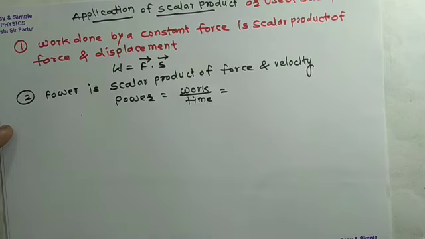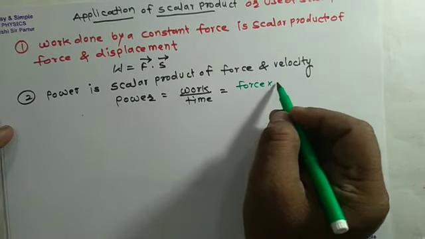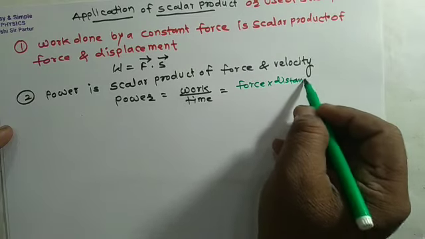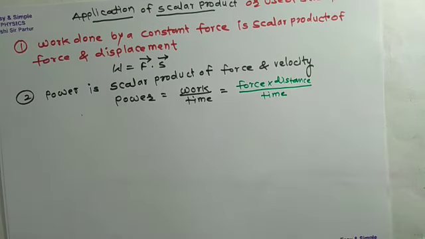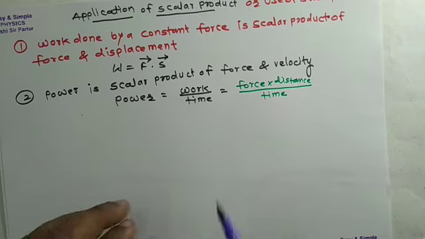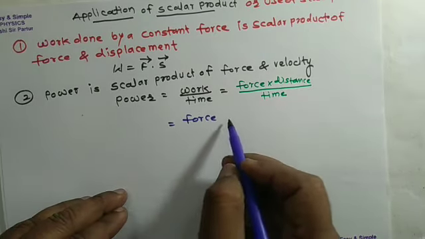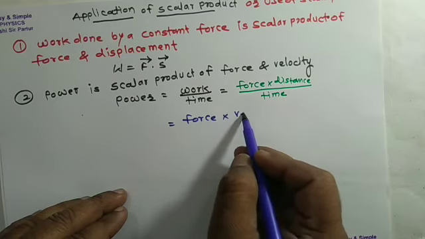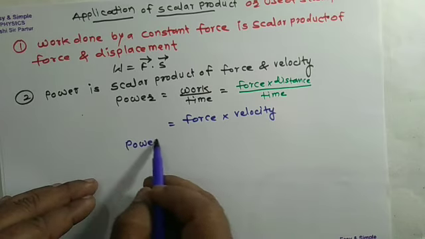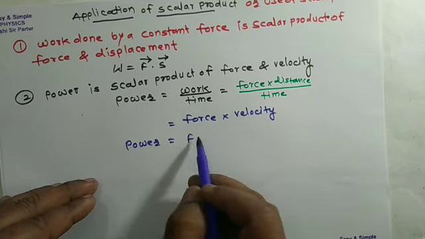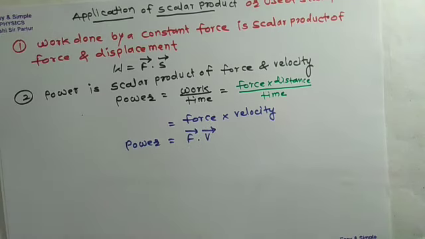So work will be written as force multiplied by distance or displacement upon time. We know that distance or displacement upon time will be velocity. So power is equal to force multiplied by velocity. So power can be written as scalar product of force and velocity, vector V.